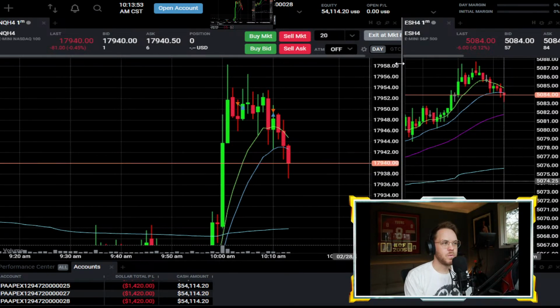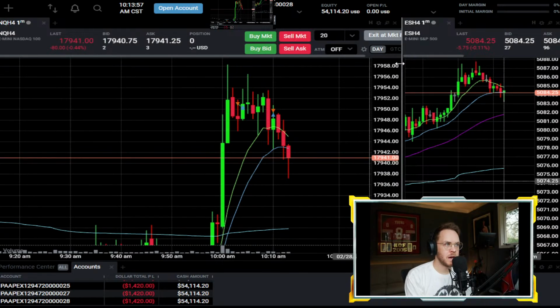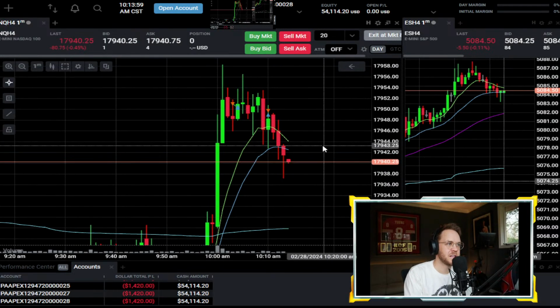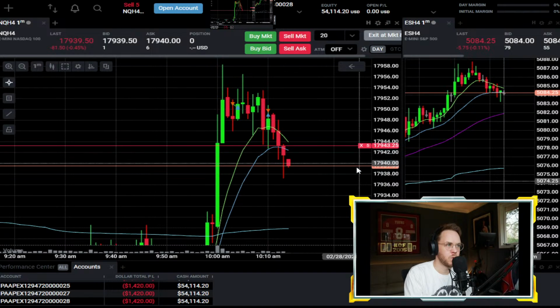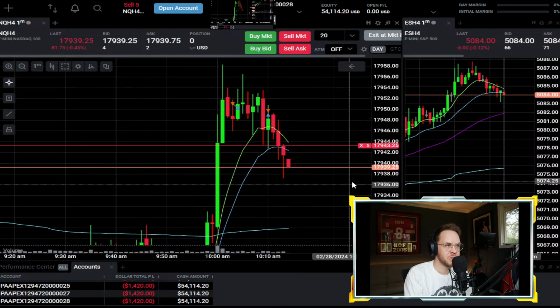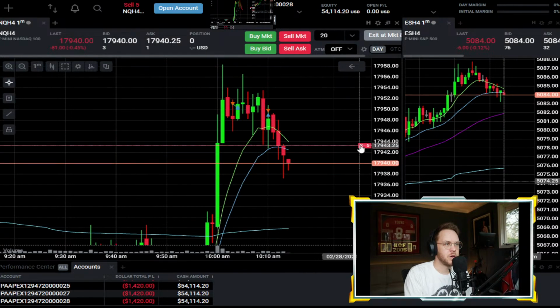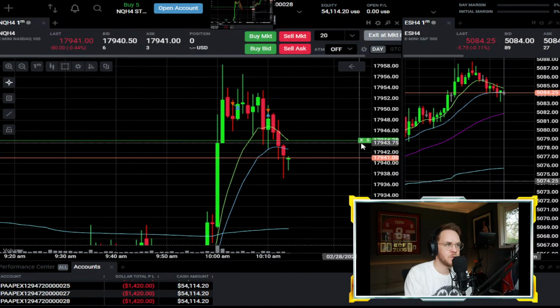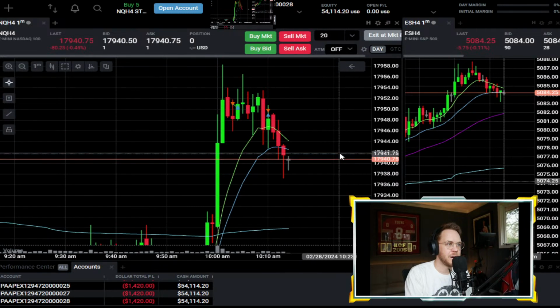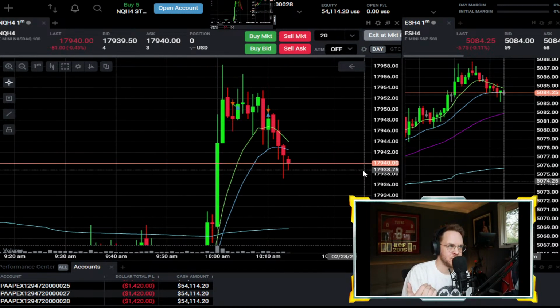So, short and buy, right? When you short, you're basically selling. If I click sell right here, that's me putting a short order on, which means I get paid if it drops. If I put a buy order on, that means it goes long. In order to close out a short, you have to buy the position back.